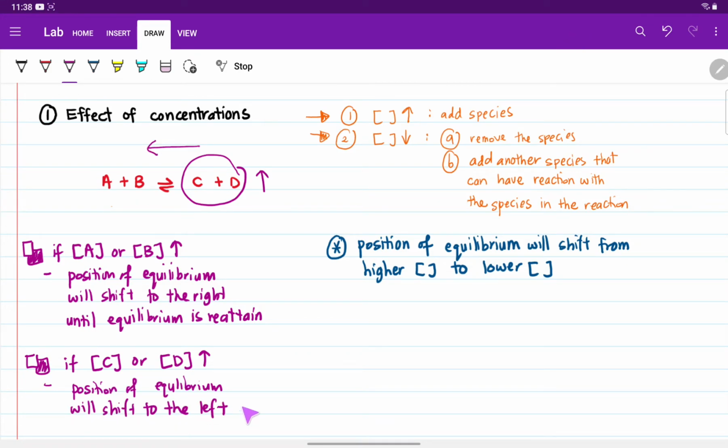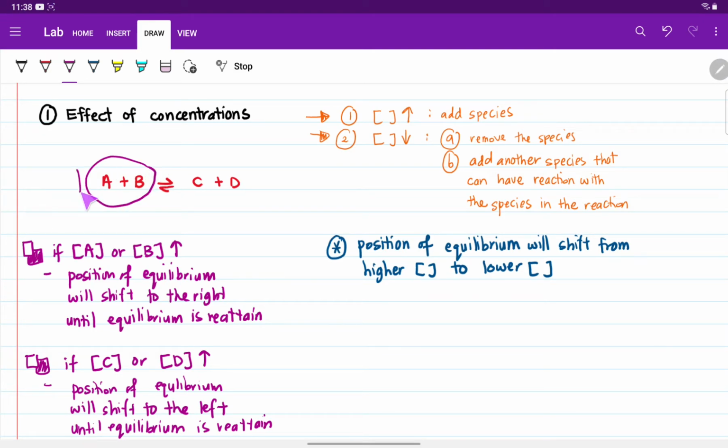Okay, sampai bila dia akan shift to the left? Sama juga macam yang dekat atas tadi. Until equilibrium is re-attained. Okay, itu contoh kalau kita increasekan concentration. Sama juga vice versa kalau kita decrease concentration. Contoh A dan B saya buang.